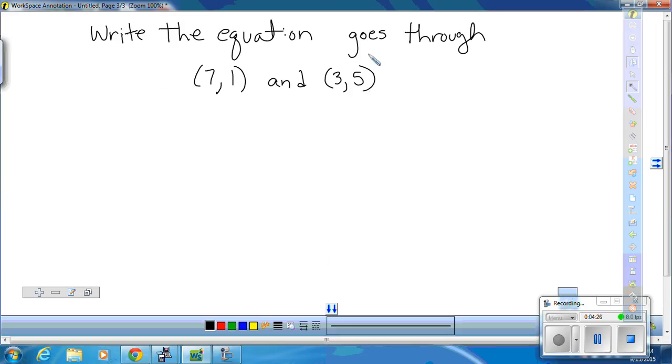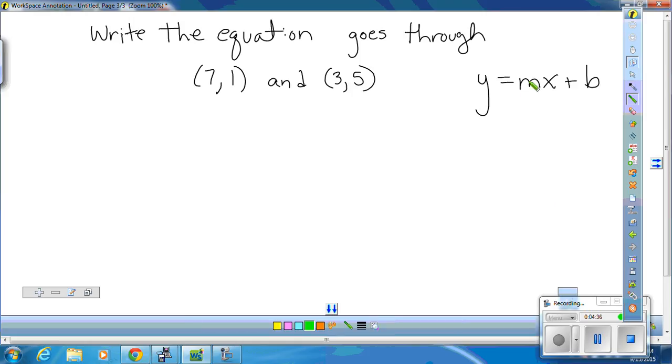All right, so I want to write the equation that goes through these 2 points. So we know that the equation is y equals mx plus b. And we need 2 pieces of information in order to write this equation. We need the slope and we need the y-intercept. And we don't have either one of those things. But they did give us 2 points.